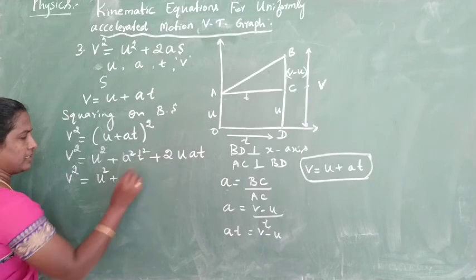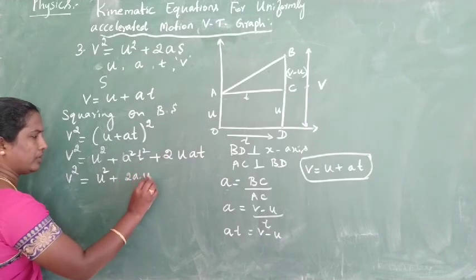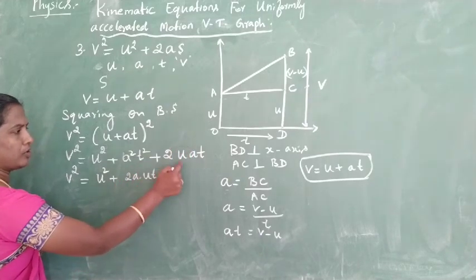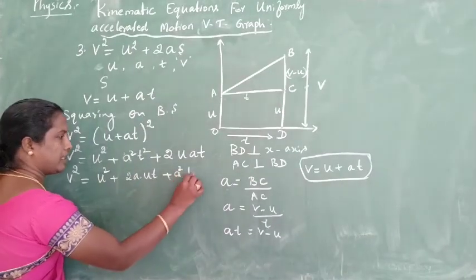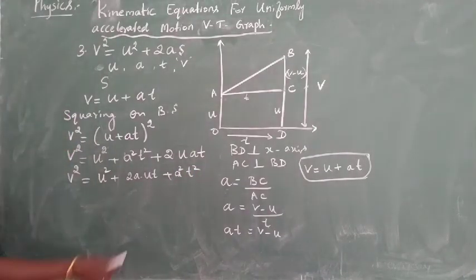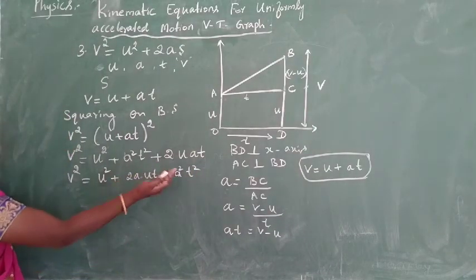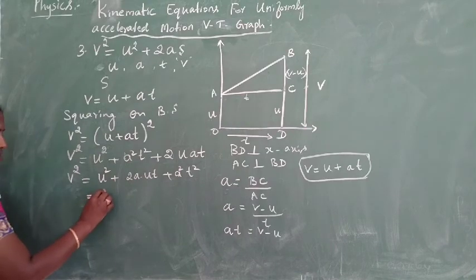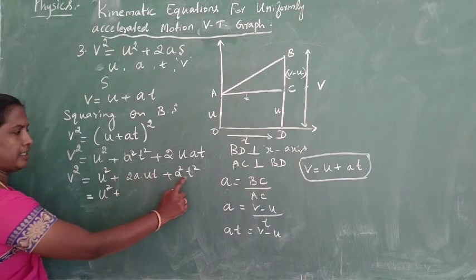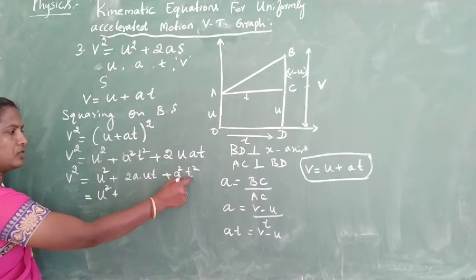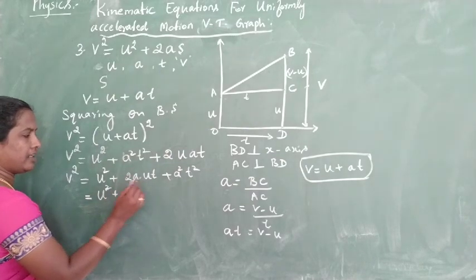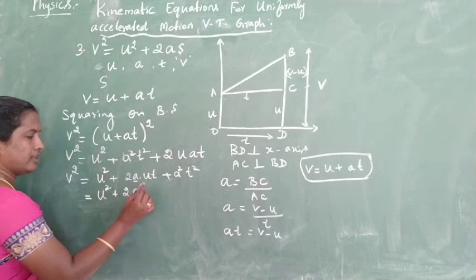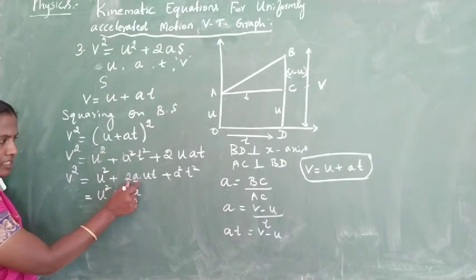Arranging the terms, that means 2a into ut, 2a as one group and ut as the other group, plus the term a square t square. Now u square plus this term. Here at is common, but we are not taking it as a common term in both terms. We are taking only a, that is 2a, as the common term.